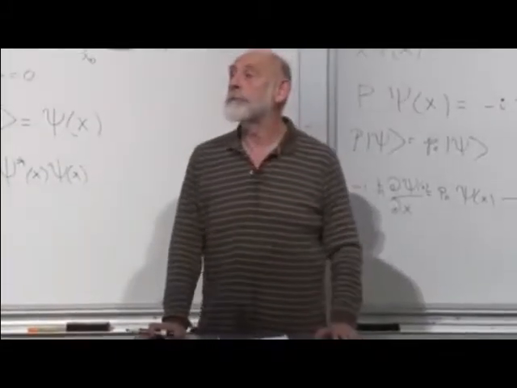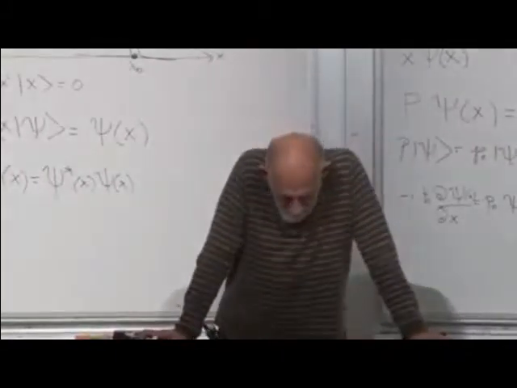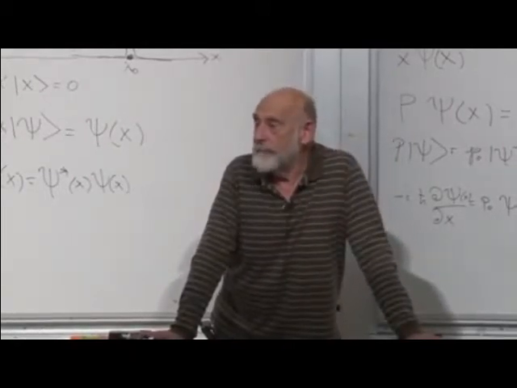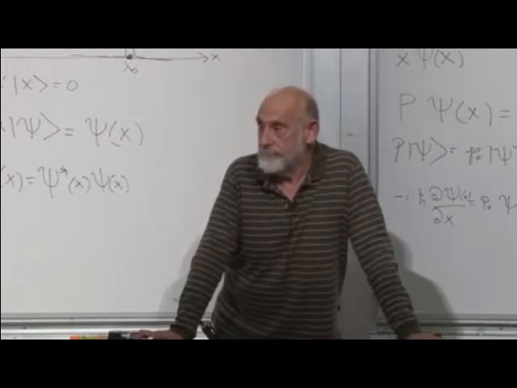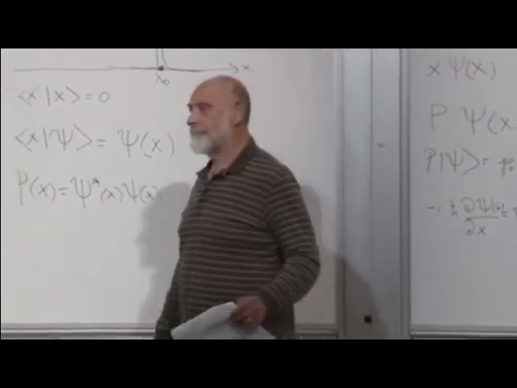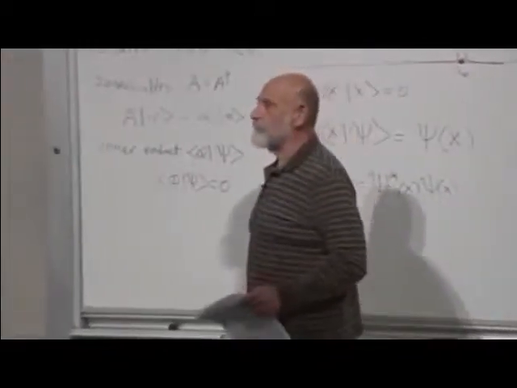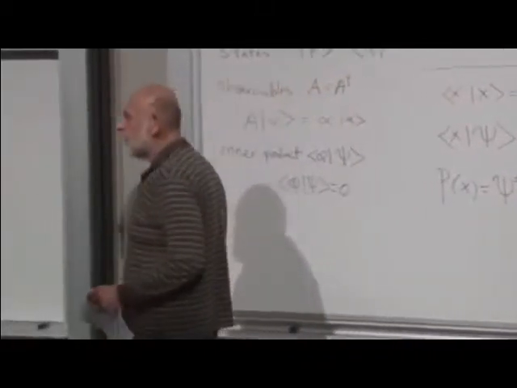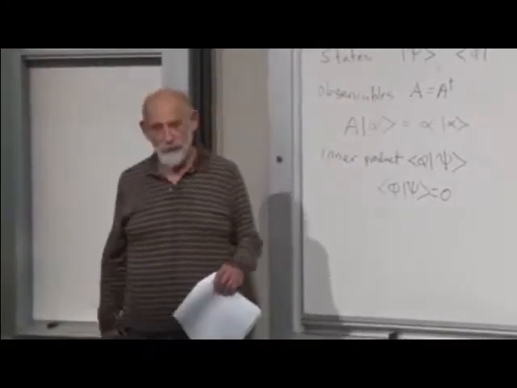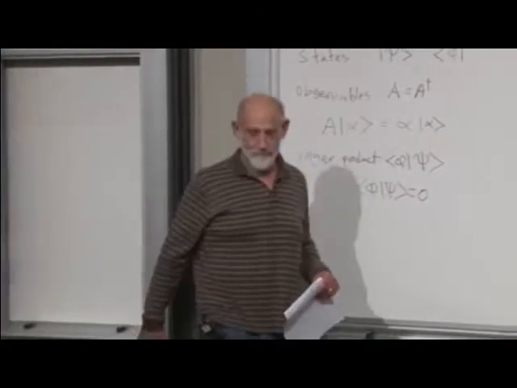Question? What is the probability of the position? In other words, psi star psi of x. If the wave function is the Dirac delta function, what does it look like when you get its probability? It looks like the square of a delta function, which is higher than the delta function, but concentrated at the origin.